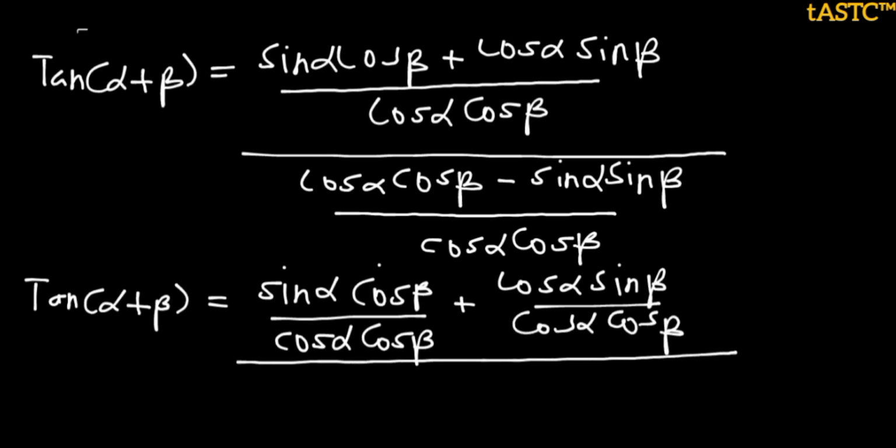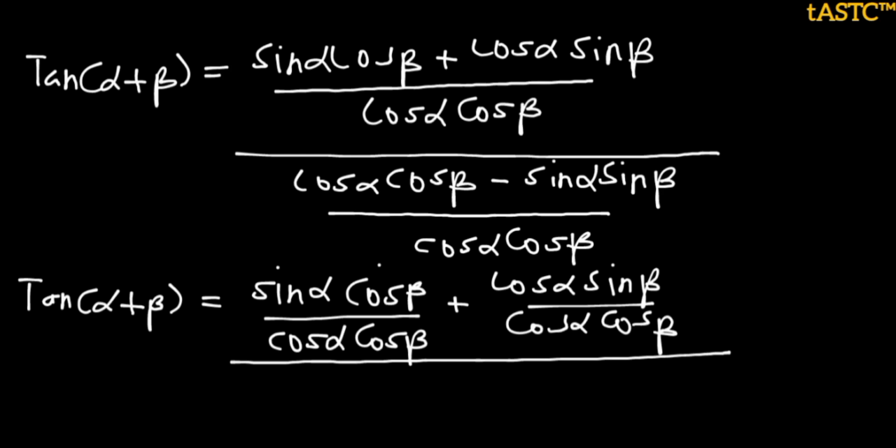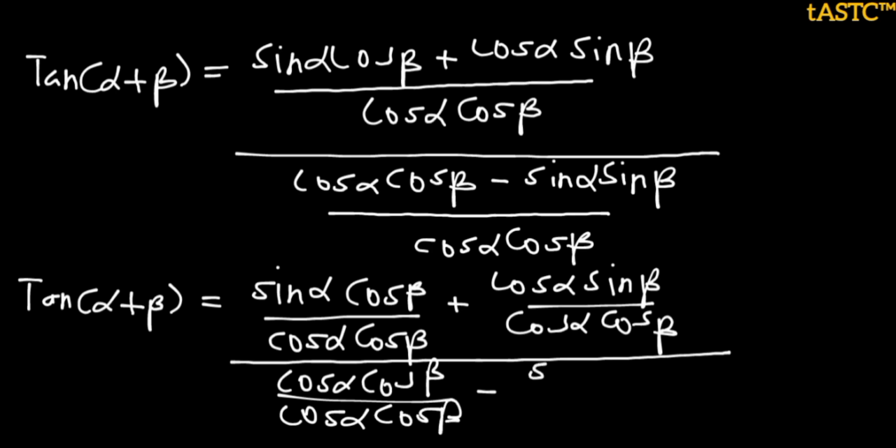This would now be divided by cos alpha cos beta divided by itself, I made a mistake there, minus sine alpha sine beta divided by cos alpha cos beta.